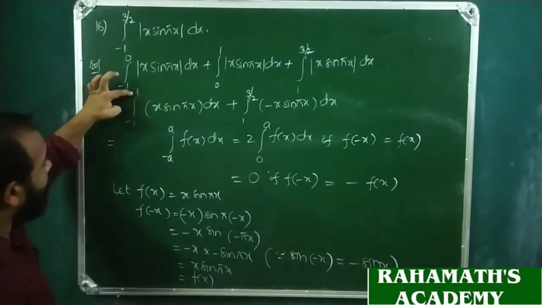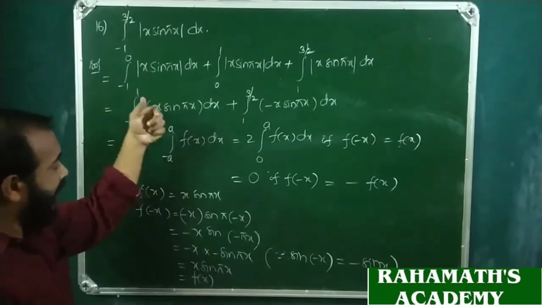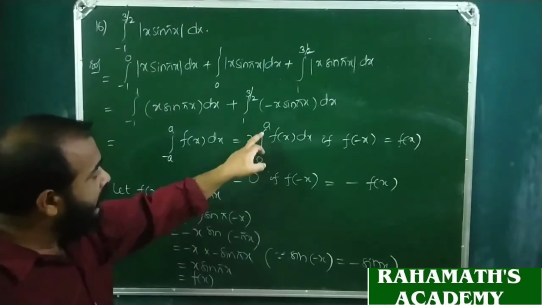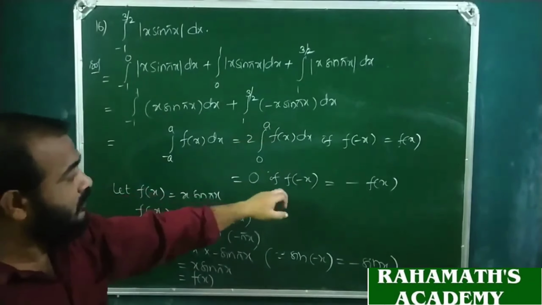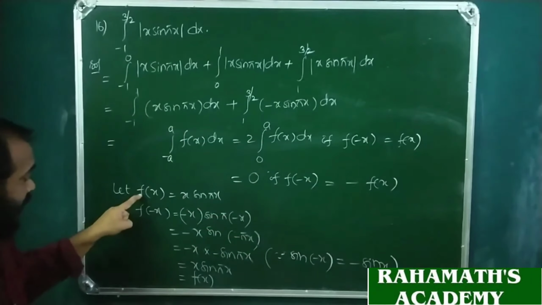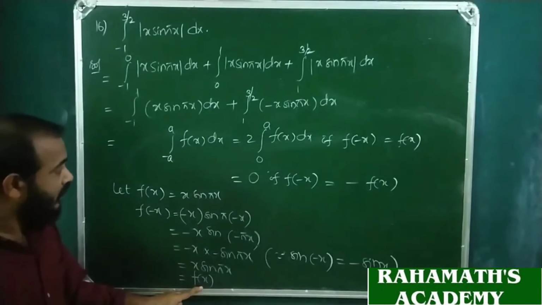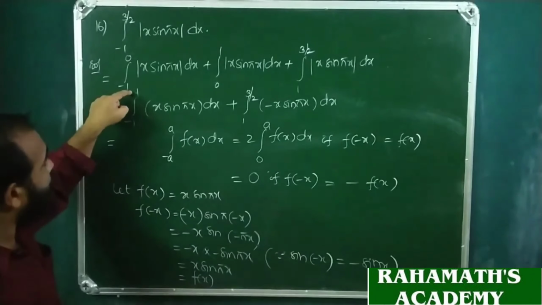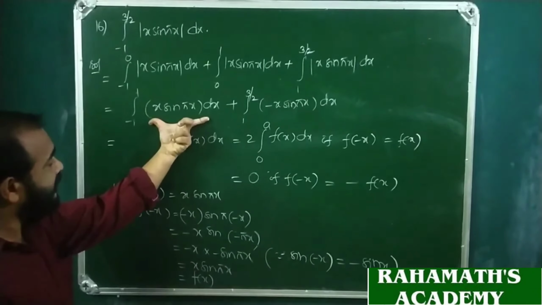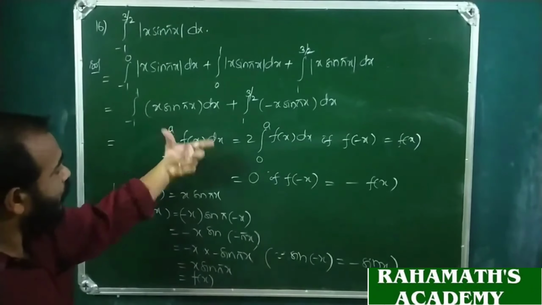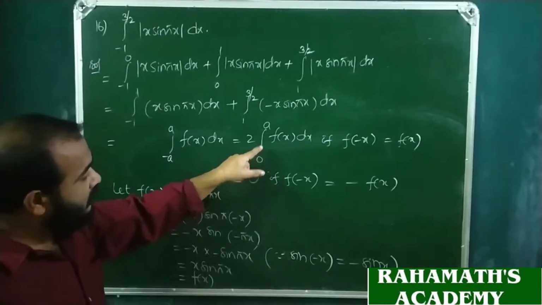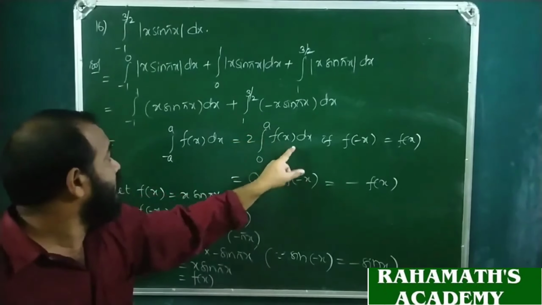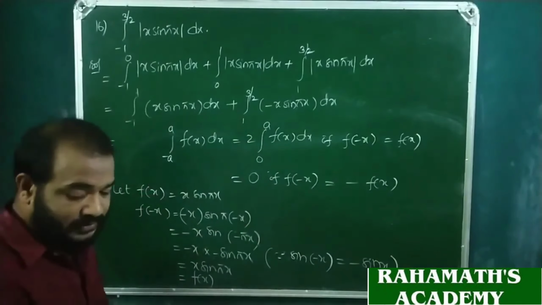Therefore, because we get f of minus x equal to f of x, minus 1 to 1 x sine pi x dx can be written as 2 integral 0 to 1 x sine pi x dx.